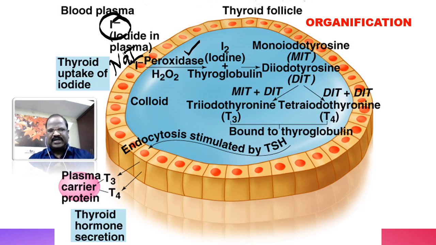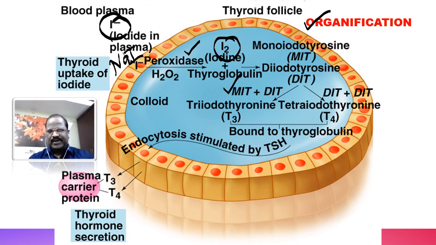The next step: within the follicle there is thyroglobulin containing tyrosine residues. Now this iodine is going to join with the tyrosine. The joining of iodine with the tyrosine is called organification. Here is one important point: if the iodine joins on one position of tyrosine, they form monoiodotyrosine.